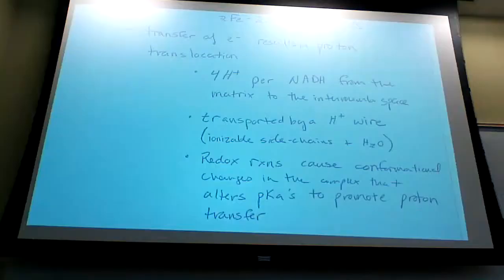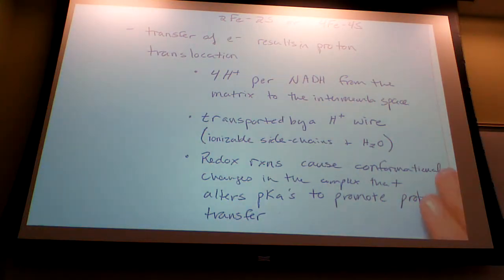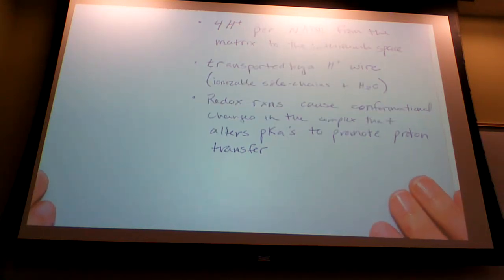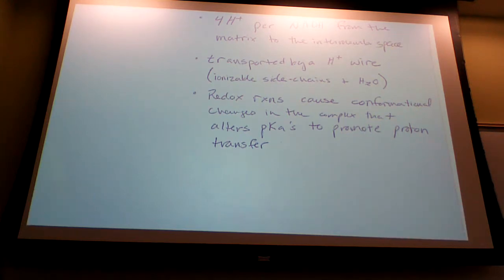Not structures you need to memorize, but you do need to know that it can accept 1 or 2 electrons. Okay, so that's complex 1. Oh, sorry. One more slide.